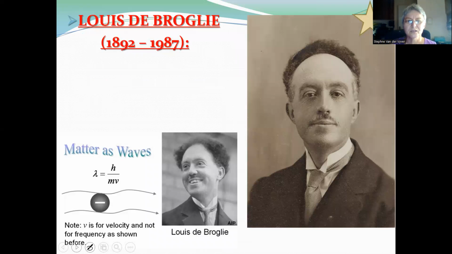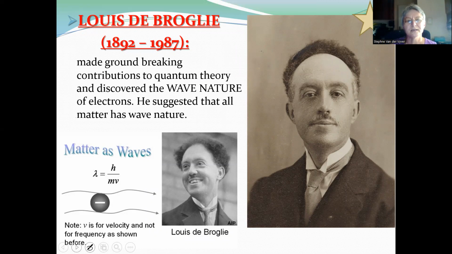The next guy is Louis de Broglie, and he said that electrons, and for that matter anything, has wave nature. So when something moves, it's got a degree of wave-like motion. He suggested all matter would have wave nature, but specifically, it's important to know that electrons have wave nature.